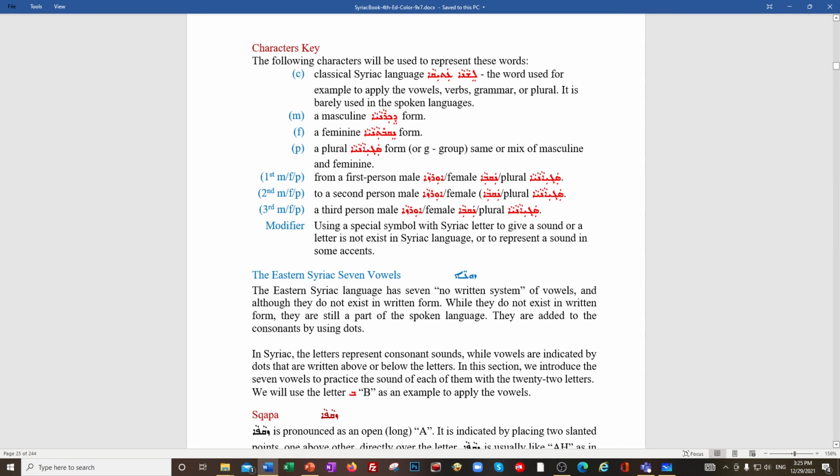And a third person as well, you're talking about a third person as male, female, or plural.